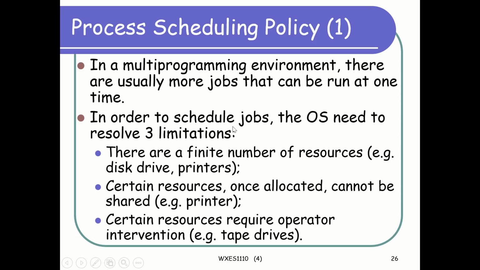So in order to schedule jobs, the OS needs to resolve three limitations. The first one is that there are finite numbers of resources, disk drives, printers, and so on. Certain resources once allocated cannot be shared. It's like a printer: when you're using a printer, you cannot share it with others. Certain resources require operator intervention, like a tape drive, but this is the old technique.